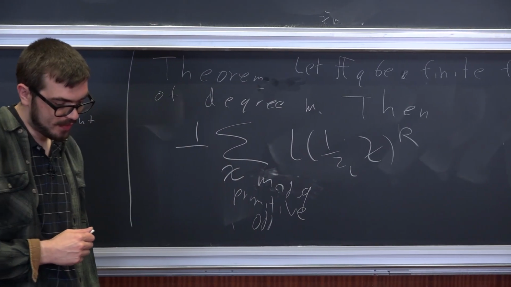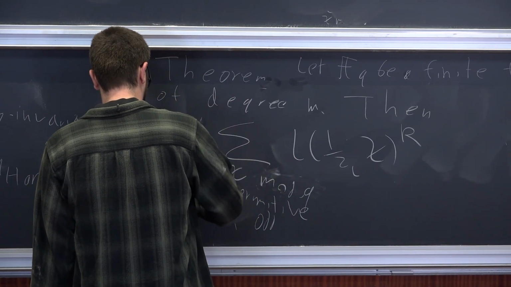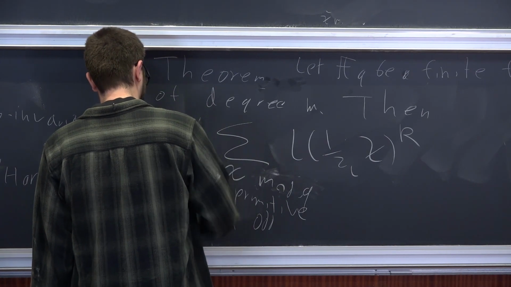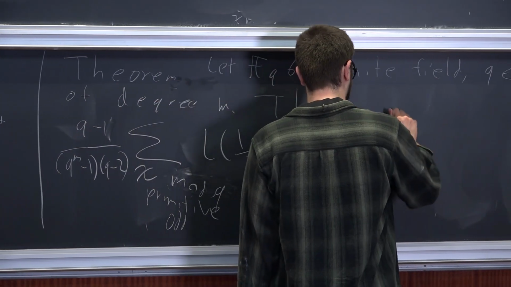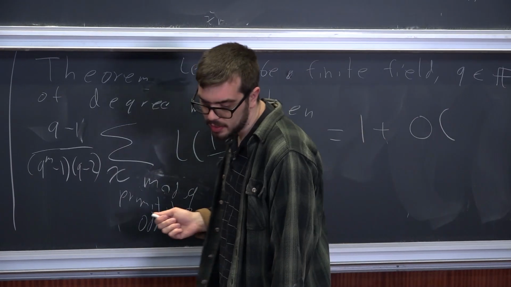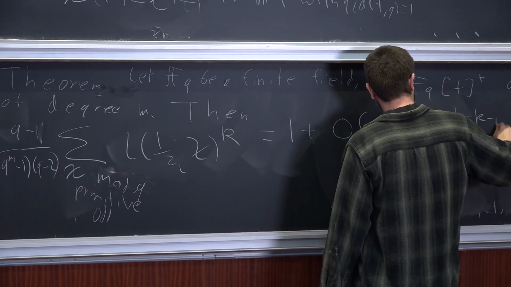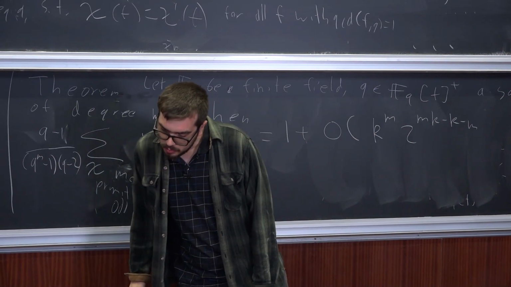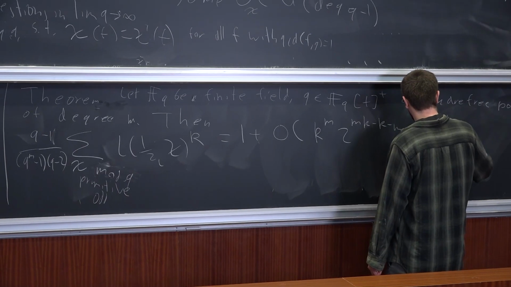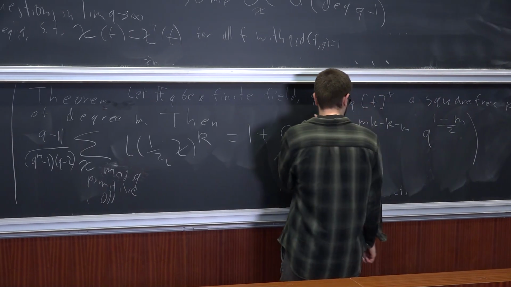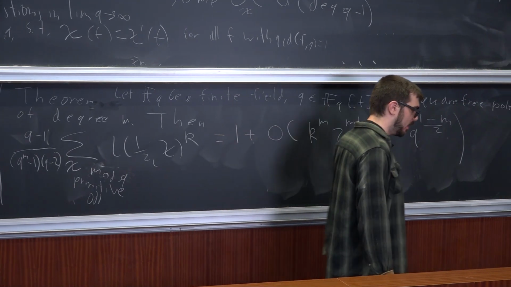And here I am going to divide by the actual number of characters, which is (q-1)q^(m-1)... times (q-2). This equals 1 plus O of k to the m, the mk minus k minus m, q to the 1/2, q to the 1 minus m over 2.